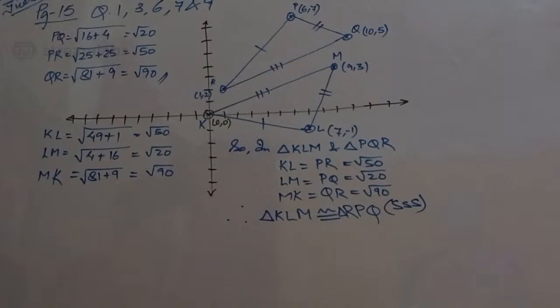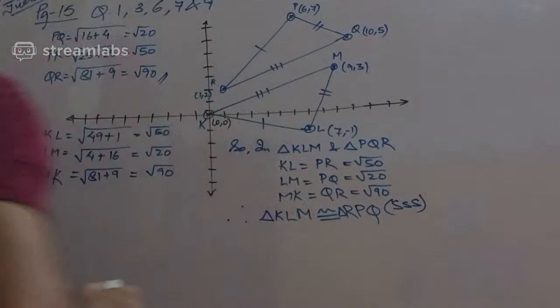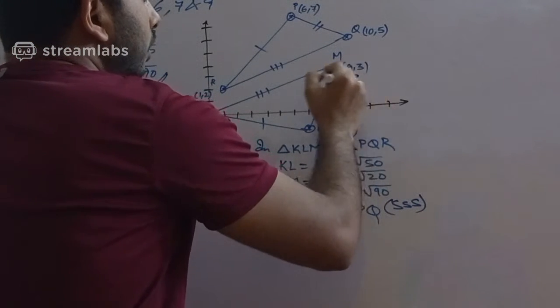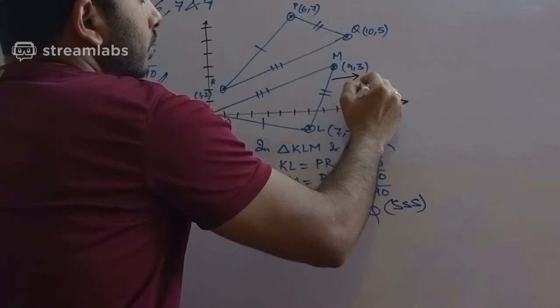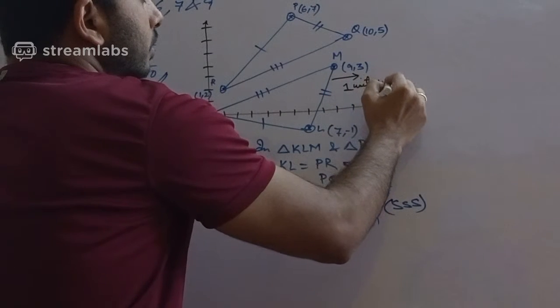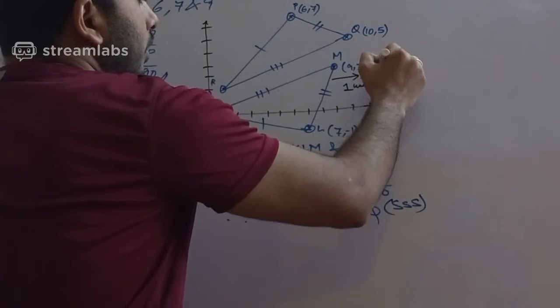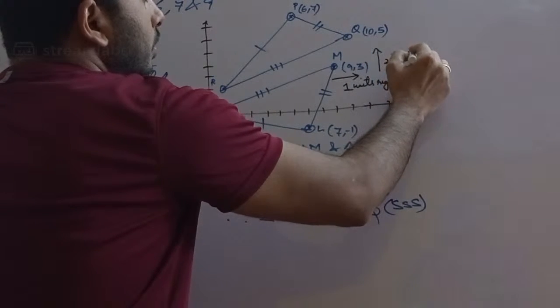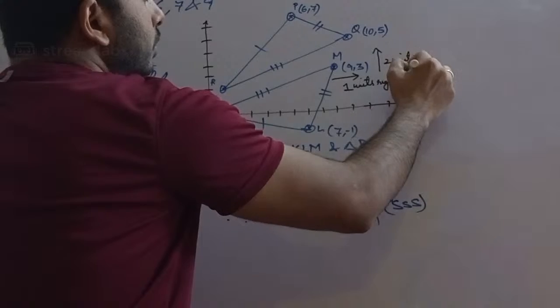Yeah, it's not the vector translation, but I can say what I can do here. The process comes out to be like this. I'll just write it down. First of all, 1 unit right, then second process 2 units up.